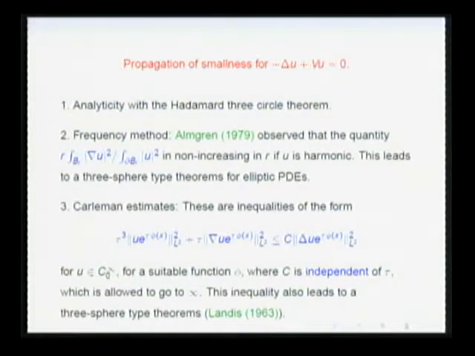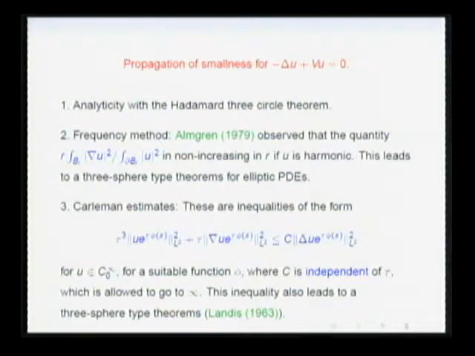The most popular is the third one, Carleman estimates. Carleman estimates are weighted estimates on u based on the differential operator with weights, but with constants independent of the weights. Because the constants are independent of the weights, they're hard to get. And the second method on the list is the frequency method. It's about something like a local Dirichlet quotient for elliptic PDEs.